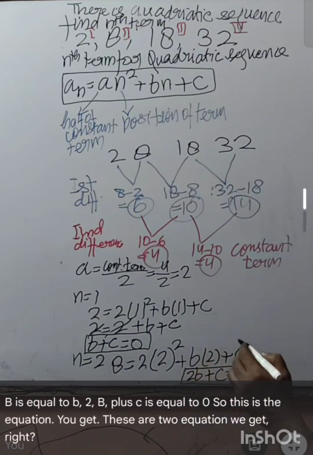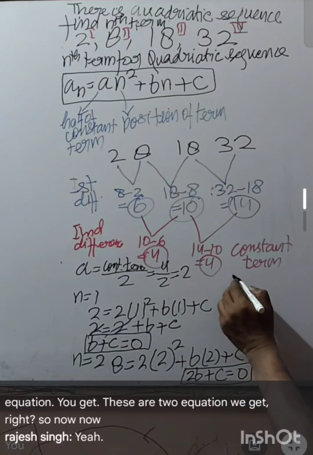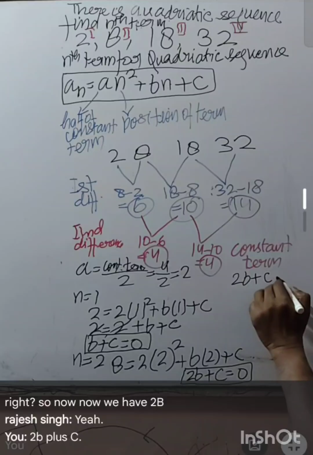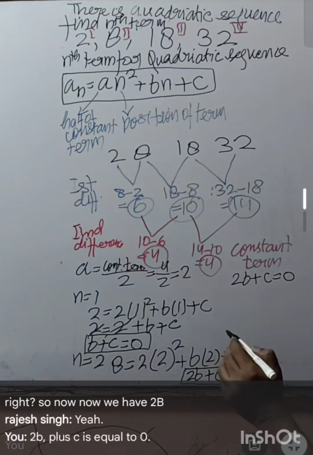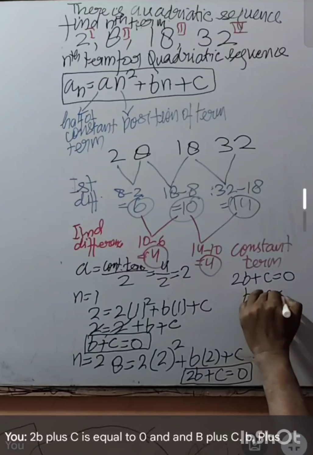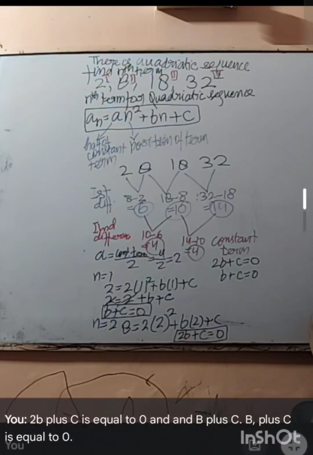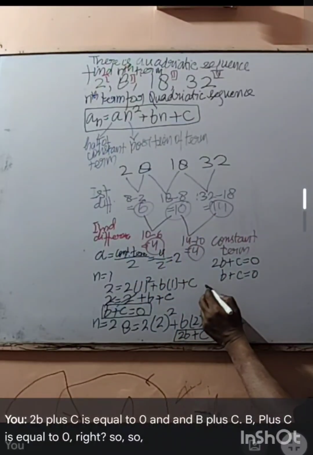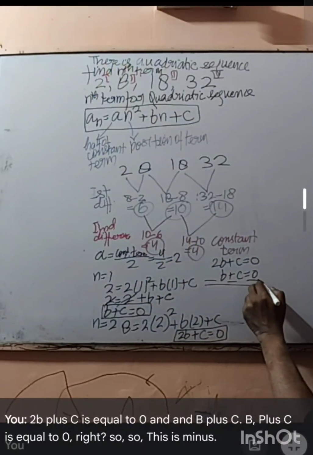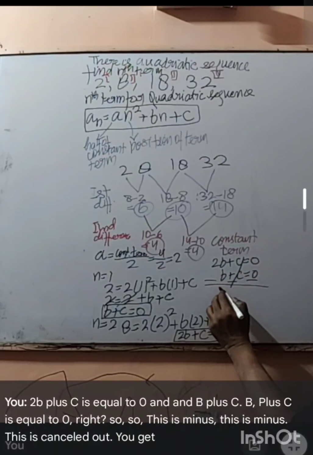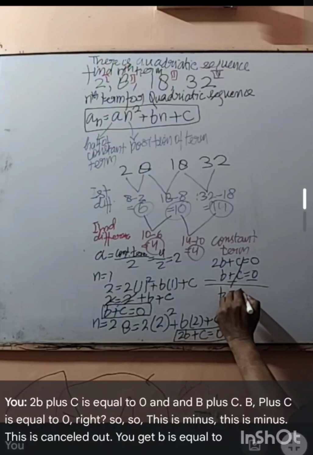Now we have 2b plus c is equal to 0 and b plus c is equal to 0. Subtracting, c cancels out, and we get b is equal to 0.